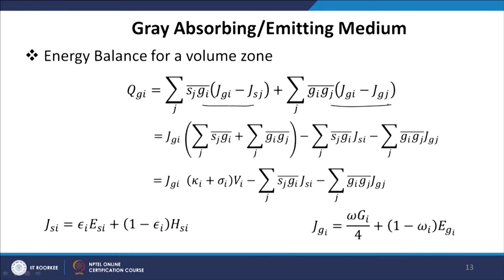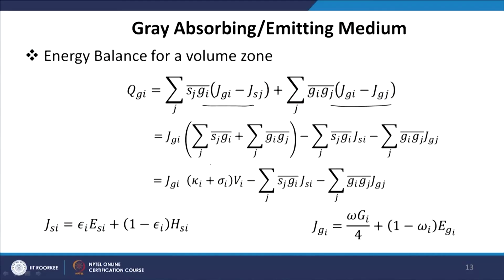So we have surface-emitted radiation absorbed by the gas zone I, and we can have energy emitted from a different volume zone and absorbed by the volume zone I. Now, again we simplify this expression, taking the first two terms and writing in terms of the radiosity of the volume zone I, SIGI plus summation J GIJJ, and then summation over the surfaces and summation over the volumes.